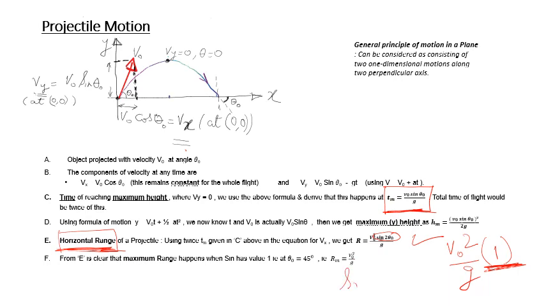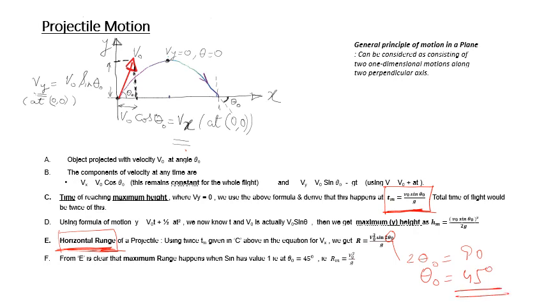Sine becomes 1 when the angle is equal to 90 degrees, which means this sine will become 1 when its angle is 90 degrees. That means this 2 theta is 90 degrees, so theta is 45 degrees.